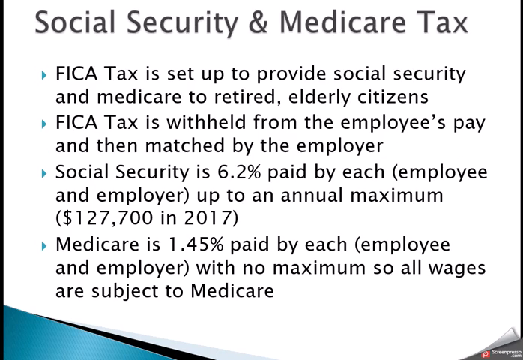Okay, then we get into Social Security and Medicare tax. And I think that this is relevant just because it's withheld out of everybody's paycheck. So you got to kind of understand what that is. They call them FICA taxes, but they were set up, I don't know, probably in the 1940s or 30s or something, to help provide for income for our retired or our elderly citizens.